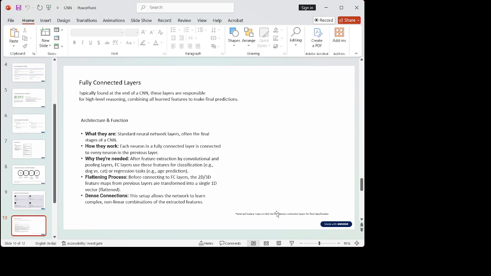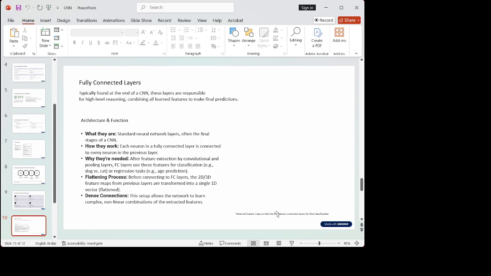For example, every neuron in a fully connected layer is connected to every neuron in the previous layer. Before entering the fully connected layer, feature maps are usually flattened. These are standard neural network layers, often the final stages of a CNN. Each neuron is fully connected with every part of the previous layer.